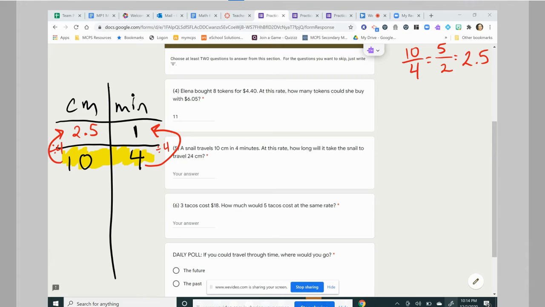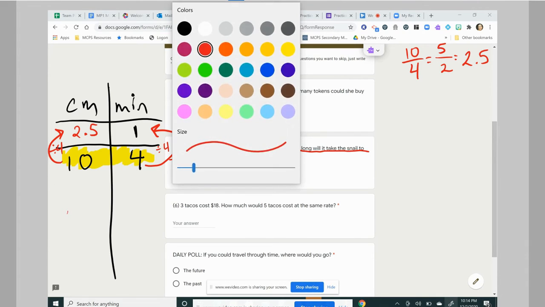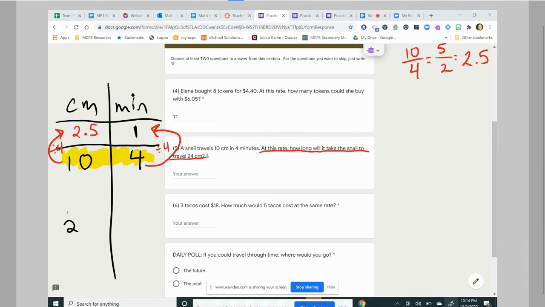Is that what they asked us? No. They said, at this rate, how long will it take the snail to travel 24 centimeters? So that means, how can we get to 24 centimeters? And this is what we're looking for. How much time will it take the snail to go 24 centimeters?